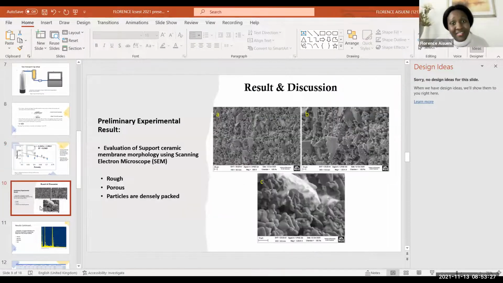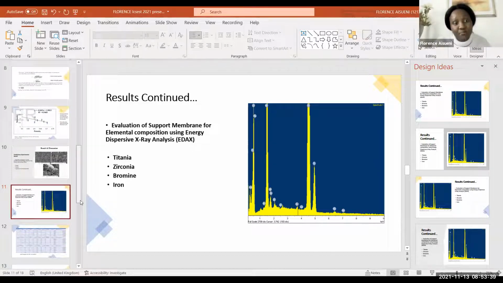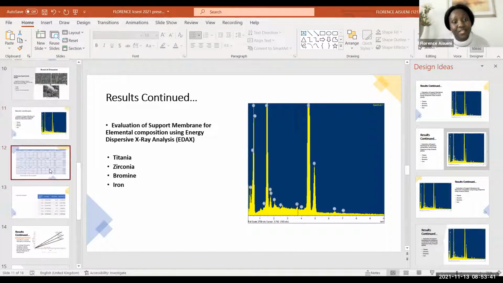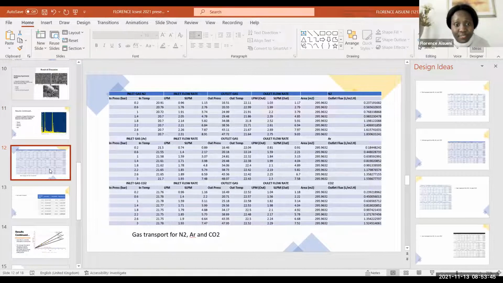Characterization was done using a scanning electron microscope to determine the pore size of the ceramic membrane. We also used EDX to determine the elemental composition, because this work is basically about characterization. The flux of the gases is in this table, and three different gases were used: nitrogen, argon, and carbon dioxide.